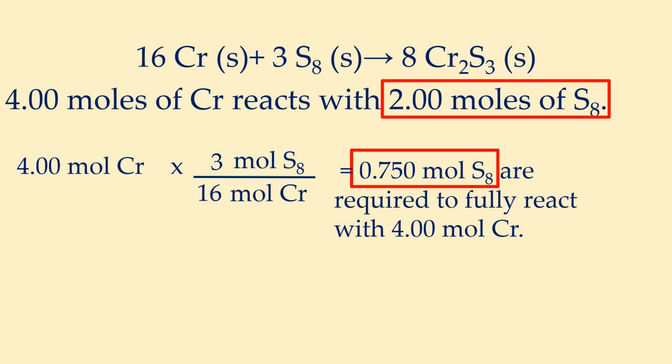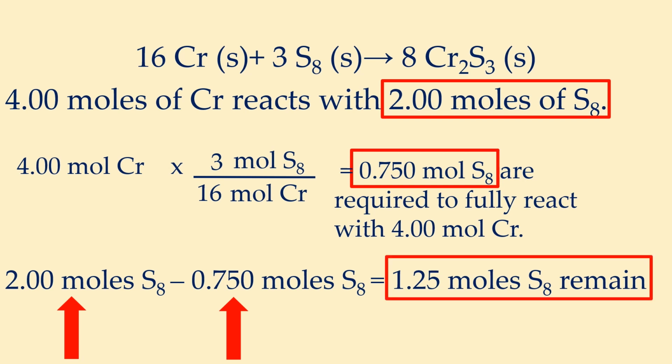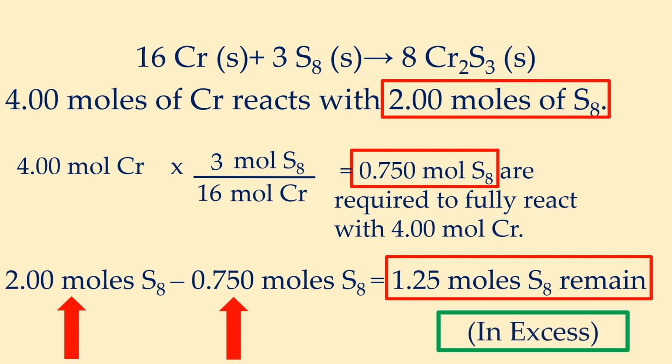We started with 2.00 moles of sulfur. I can subtract the two to find 1.25 moles of sulfur remain after the reaction is complete and all the limiting reactant runs out. This is also called the amount of excess reactant.